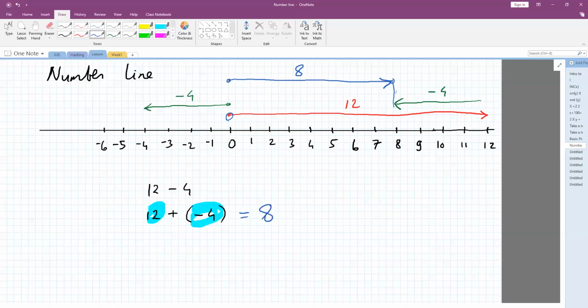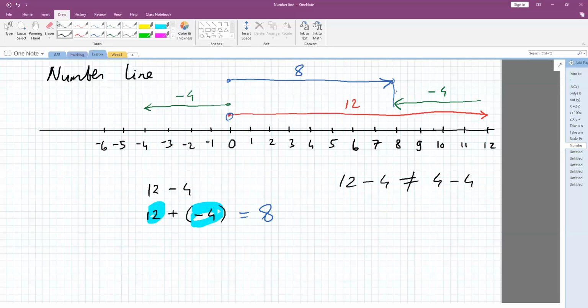But at this time, what you want to know is that 12 minus 4 is not the same as 4 minus 12.